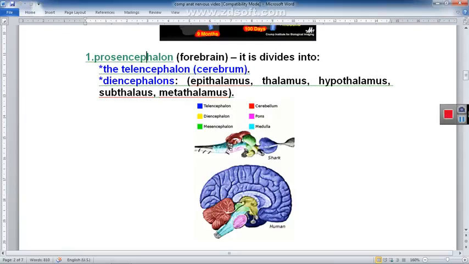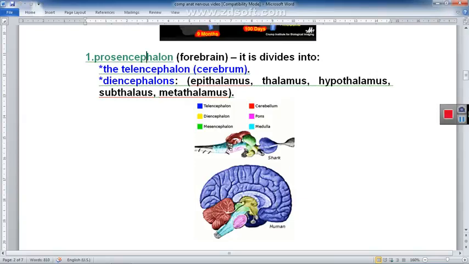And this is the brain of shark, while this is the brain of human. And you can see that both of them have a forebrain, which is a prosencephalon, that divides into the violet or the blue telencephalon and the yellow diencephalon.